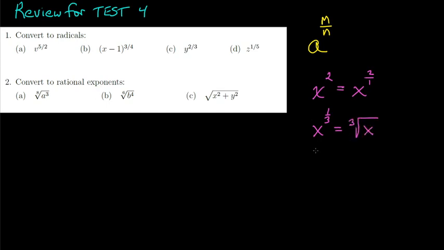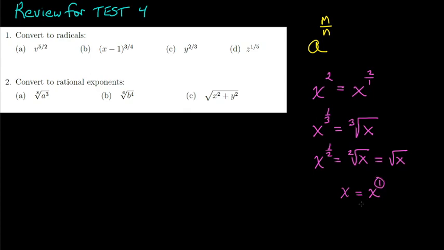So it's going to be the denominator that tells us the index. If you have x to the 1/2, that would be the square root of x. Just keep in mind that we usually don't put the 2 there, because we use the square root the most often. You can just leave it off, and it's just assumed to be a 2, in much the same way that when we write x, we're not writing x to the power 1.